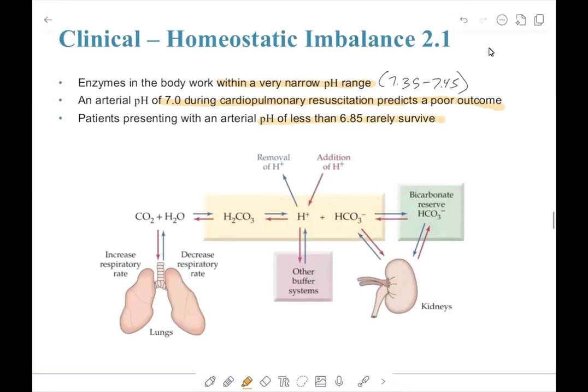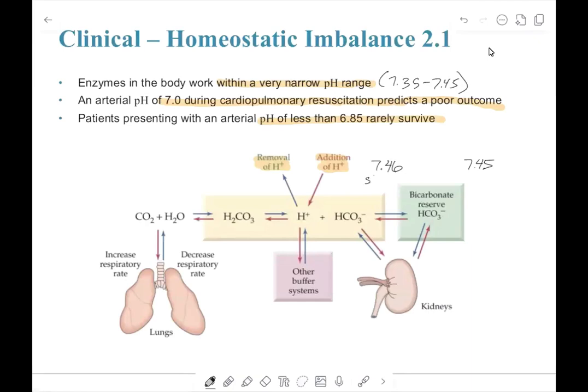So there's buffers which are in the blood. There's also a buffer system from the kidneys and also from the lungs. So these buffer systems work by either adding an H or removing an H. So again, if something is going to be too basic, let's say that the pH becomes 7.46 and we need to get it back to 7.45. Doesn't seem that significant, but remember it's an exponential scale here.